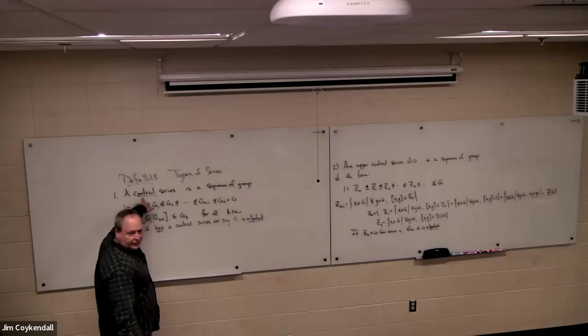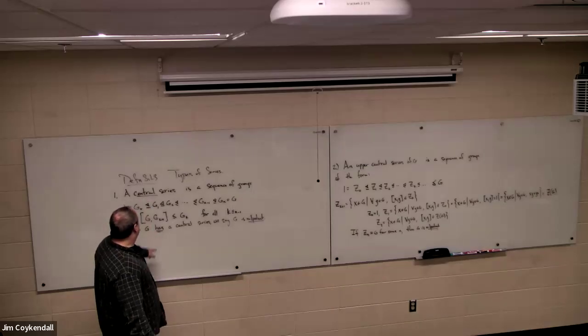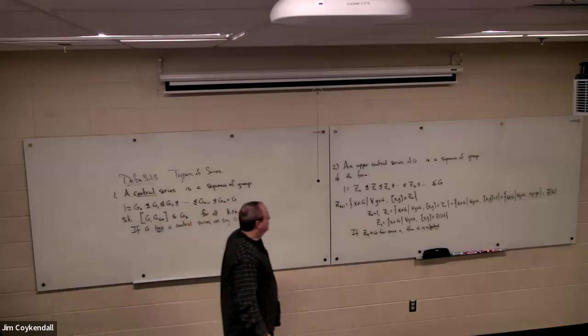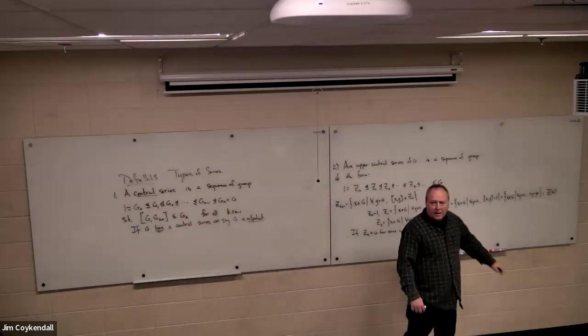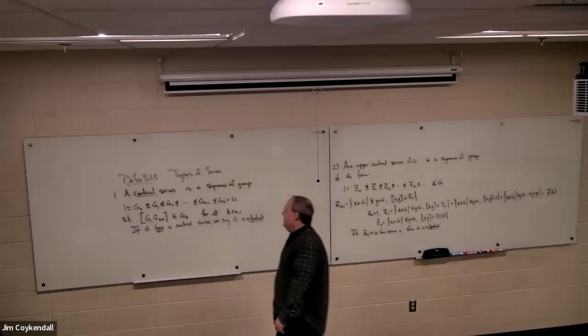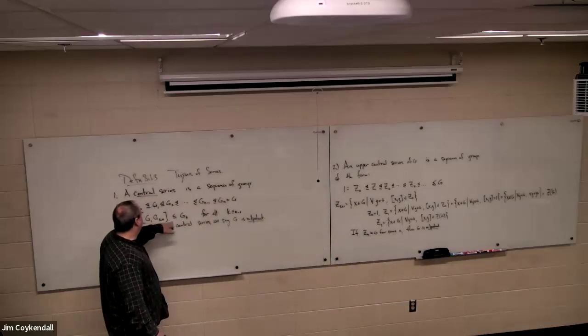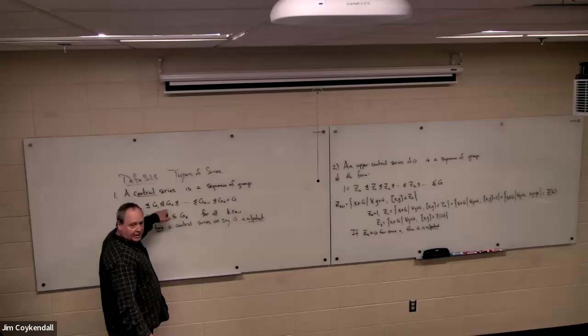This is a central series in general, right? This is what we define it. And what do we say here? What do we need? We need normality. We've got it here. And what else do we need? We need the commutator with G and G_{k+1} to be contained in the previous one, right?